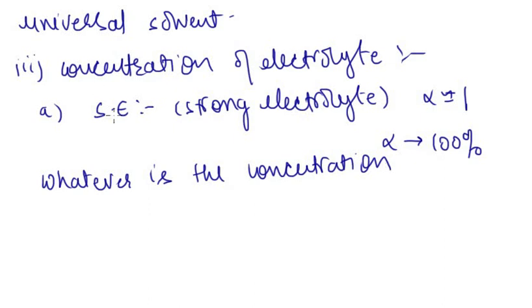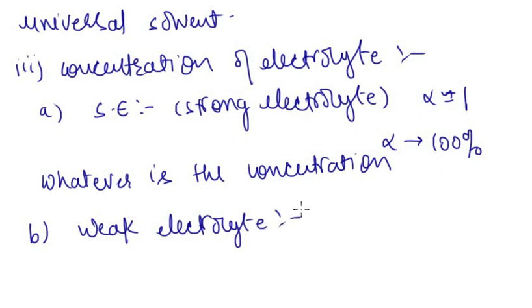But whenever we are using a weak electrolyte, alpha is inversely proportional to the square root of concentration. So as concentration decreases, alpha increases. As the concentration is decreasing, the degree of ionization will increase.